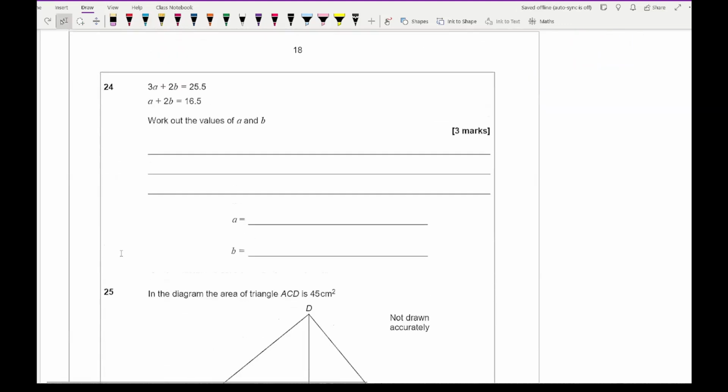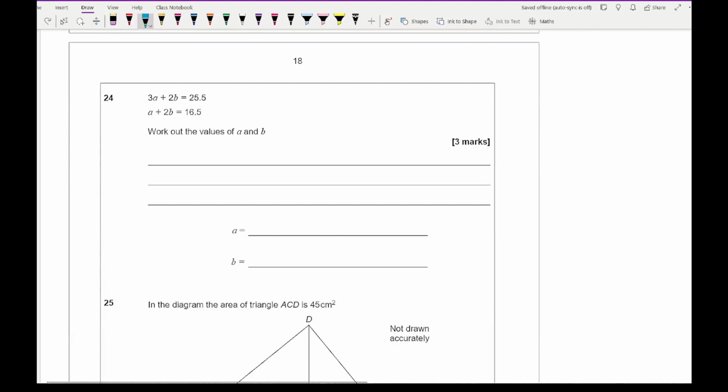Moving on to question 24, it says we've got a simultaneous equation. We want to find the values of a and b. So as you can see, when solving simultaneous equations, we want to try and get one of the letters the same quantity. So I can see I've got the same number of b's. They're both the same sign, so I take the two things away. So 3a take away a is 2a, and 25.5 take away 16.5, well, that's going to give me an answer of 9.